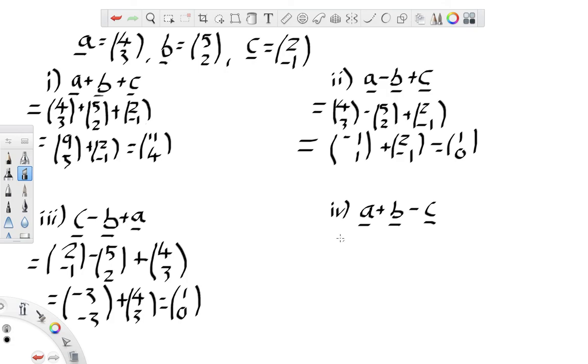And then question 4 is the vector A plus B minus C. Well, A is (4, 3). And we're adding the vector B, which is (5, 2).